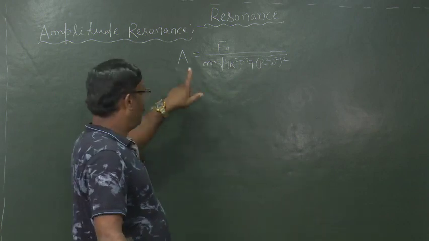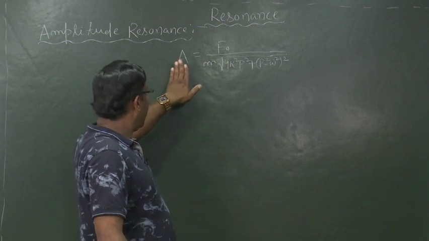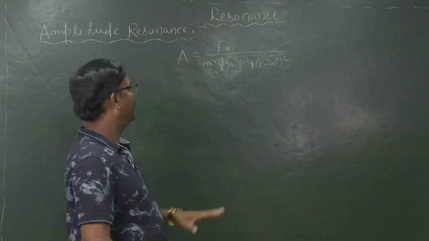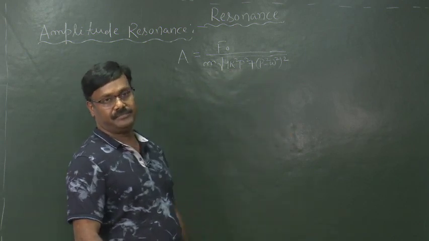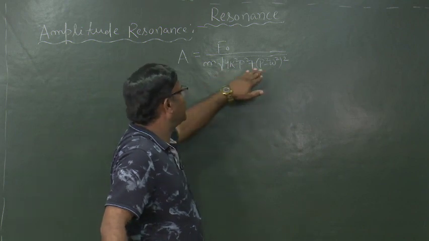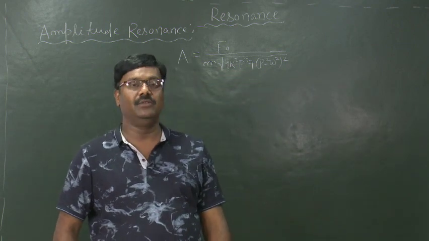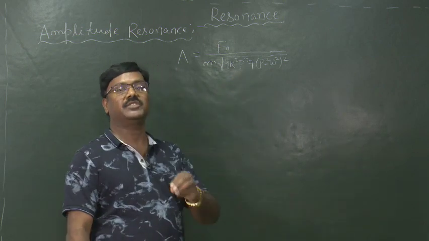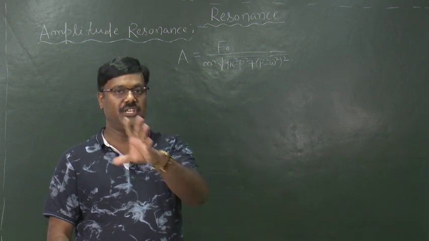So, from this we can conclude that this amplitude will be maximum only when the denominator will be minimum, and this denominator will be minimum or a constant value when its derivative becomes 0. That means its variation becomes 0.